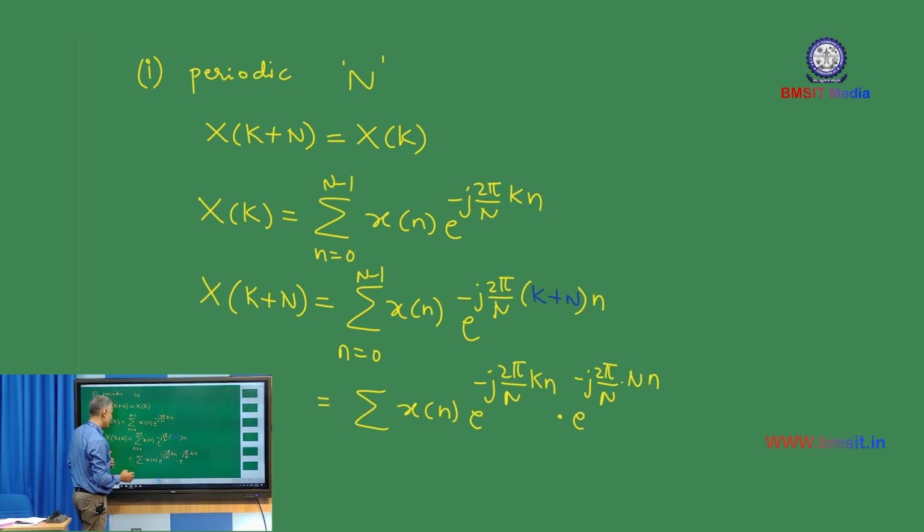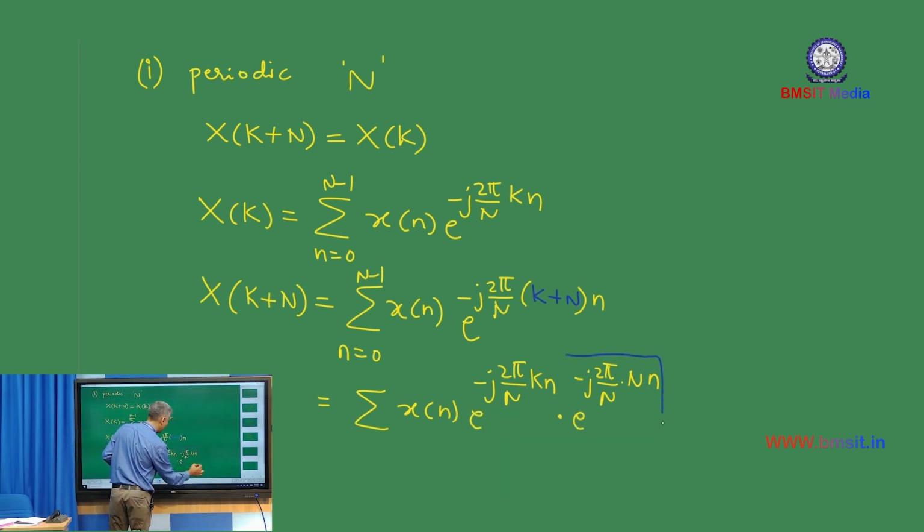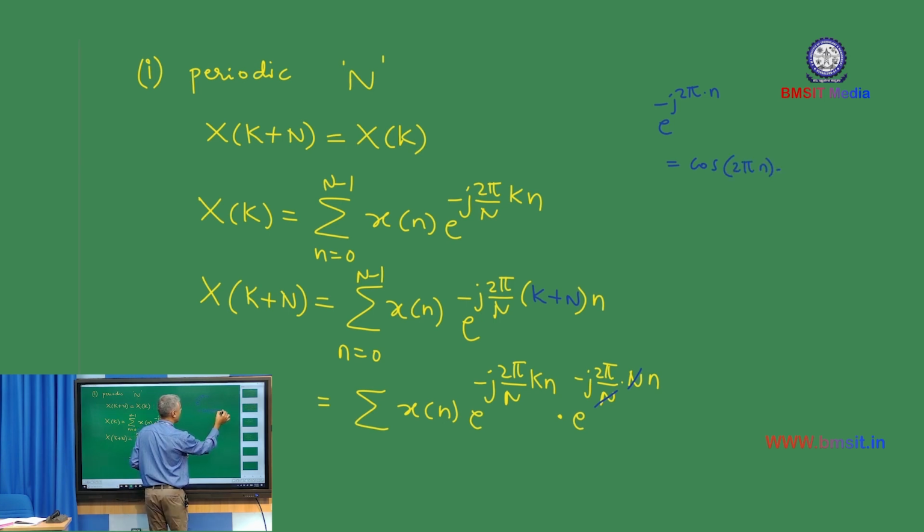Now, pay attention to the second term, which is highlighted over here. The N gets cancelled, and this whole thing is e raised to minus j 2 pi n. You can observe it is nothing but cos of 2 pi n minus j sine of 2 pi n.